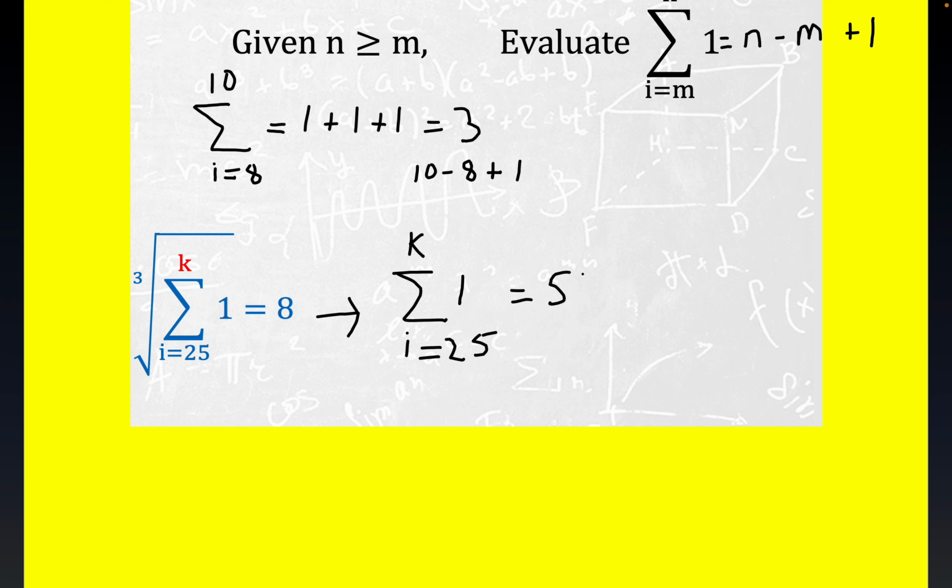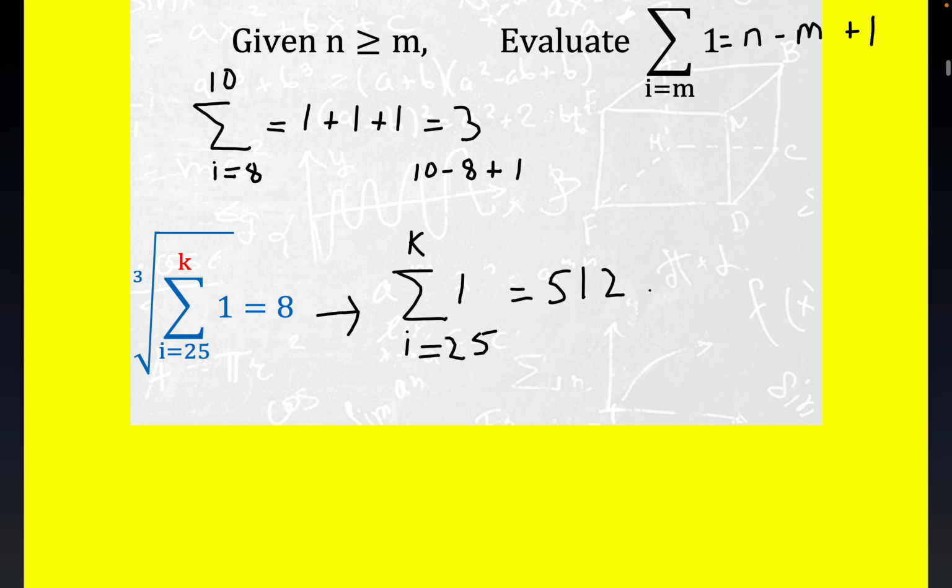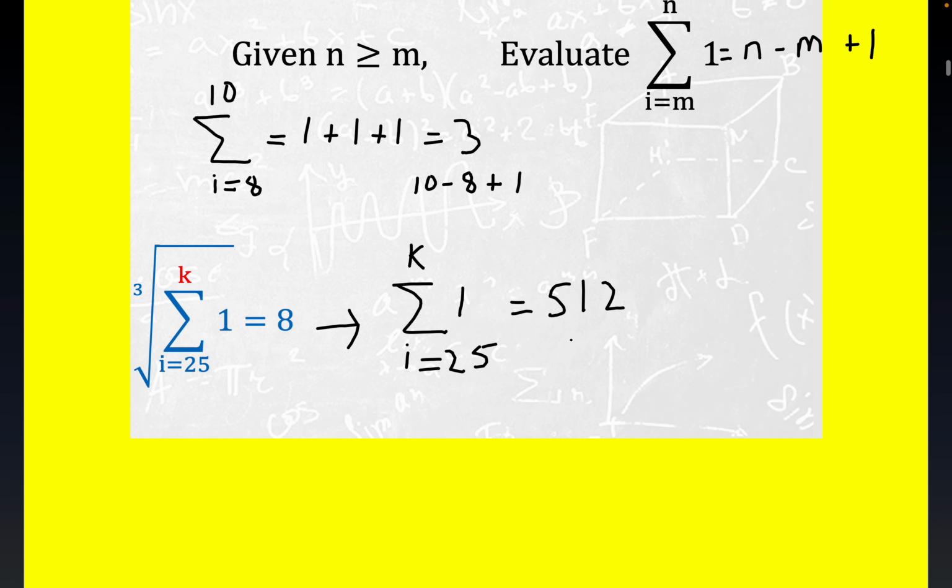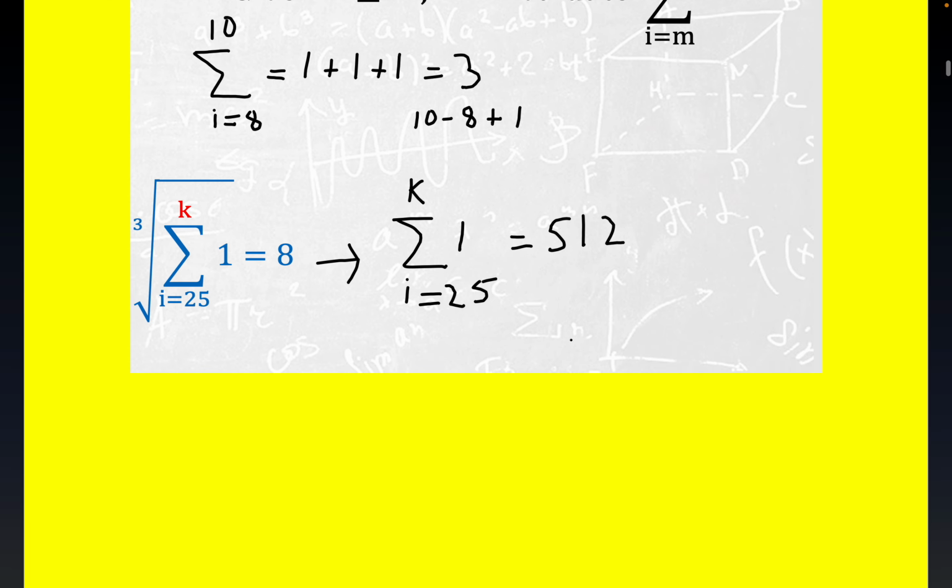But from the work we just did right above, what does that mean? That means that k minus 25 plus 1 has to equal 512, right?